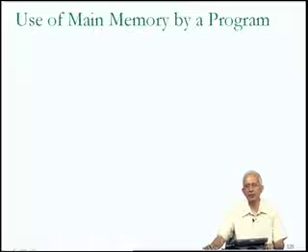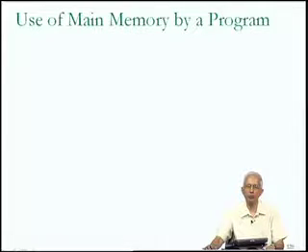Okay, now with this in mind, we can go back to our picture from the very first lecture, where we talked about how different variables differ in their lifetimes and how some variables are statically allocated. Some data is statically allocated in memory, other data is stack allocated in memory, and other data is heap allocated in memory.